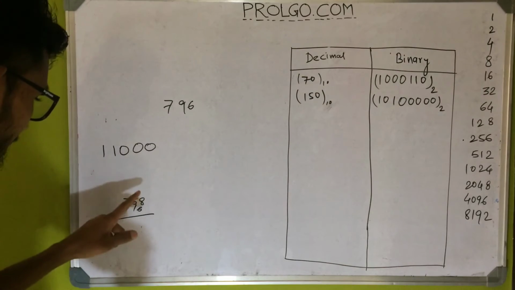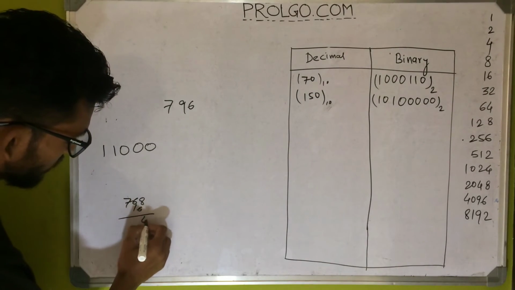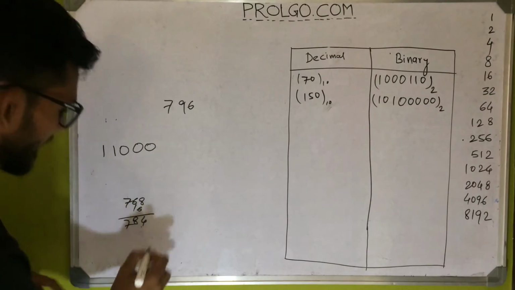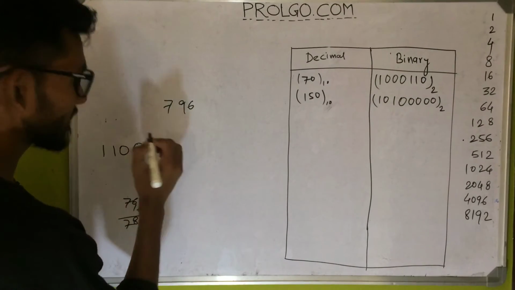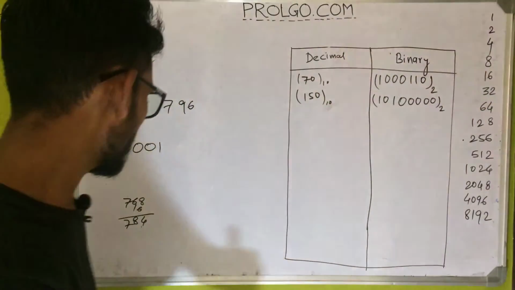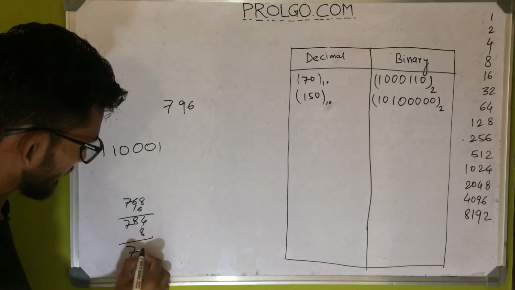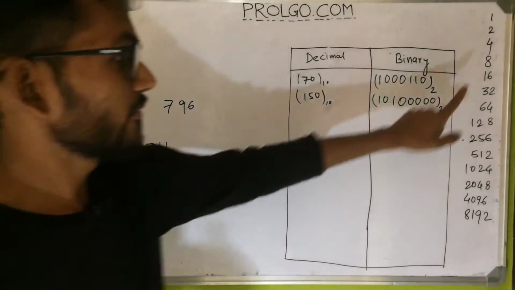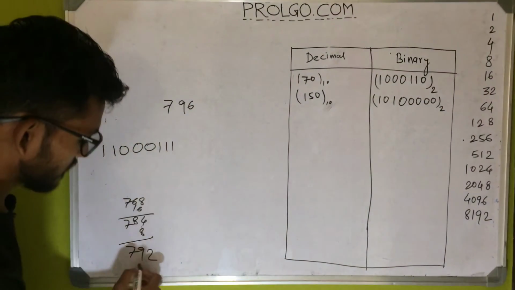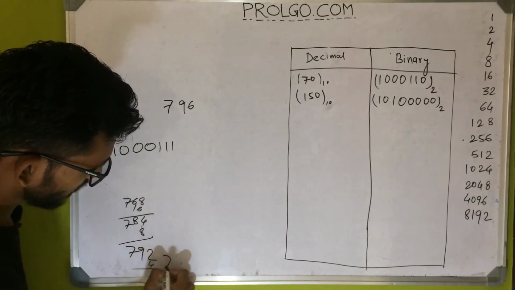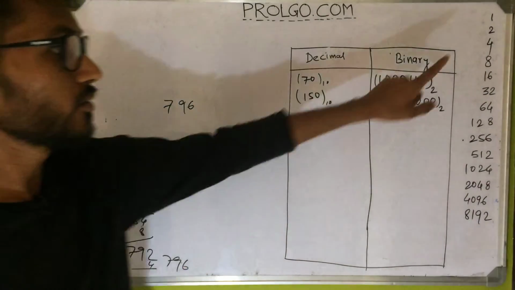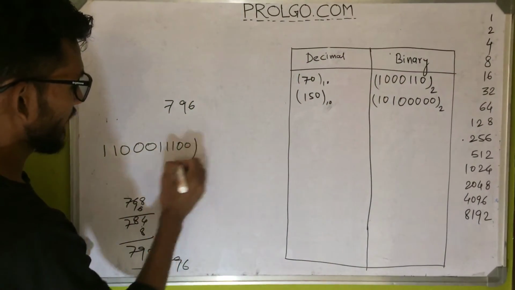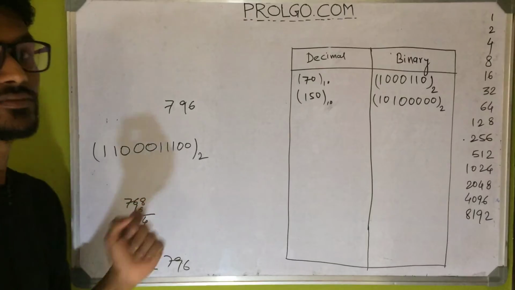If we add 16, it becomes 784. Then we have to add 8, so we will get 792. Then add 4 as well, so we got 796, and now 2 bits are remaining. We will put those as 0, and now it has been converted.